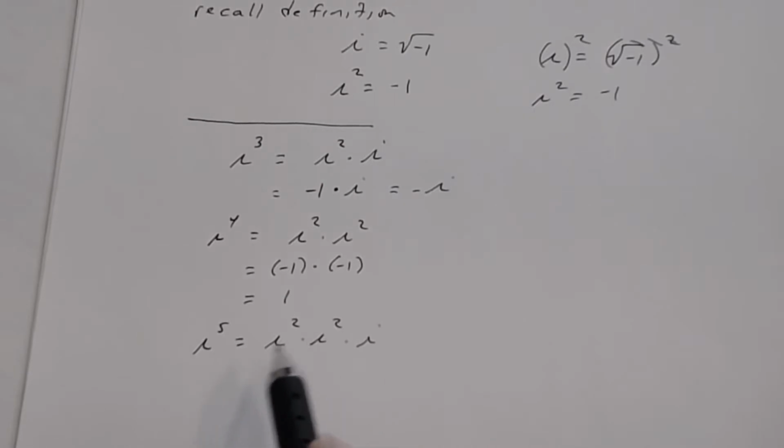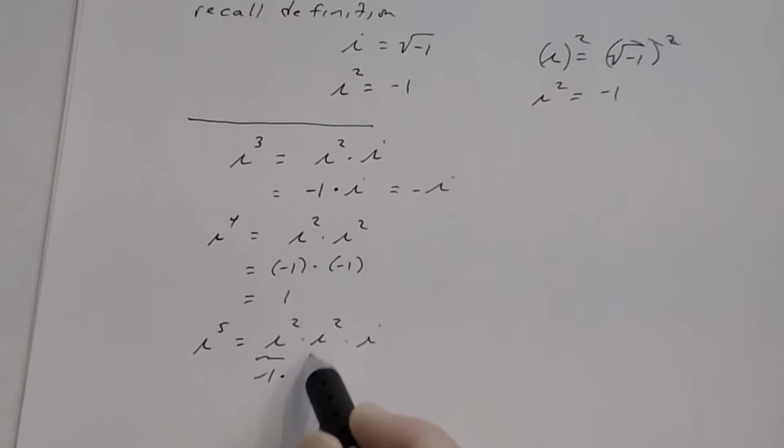Now, in a little while, you're going to learn an easier way than to do all this, but for right now, let's just look at it in terms of what we already know. i squared is negative 1, times i squared, which is also negative 1, times i. Negative 1 times negative 1 is positive 1, and 1 times i is i.